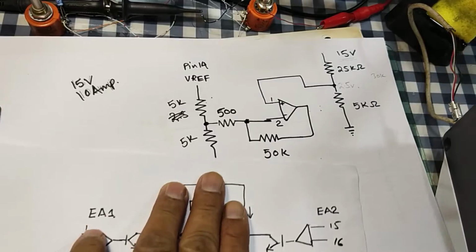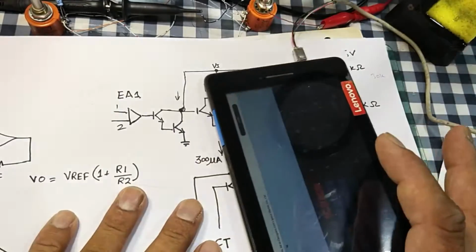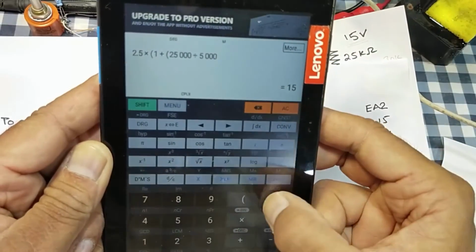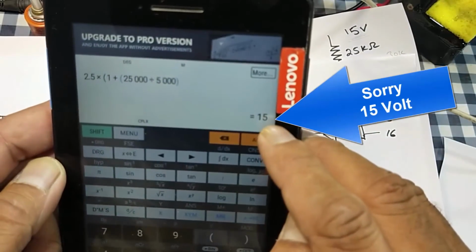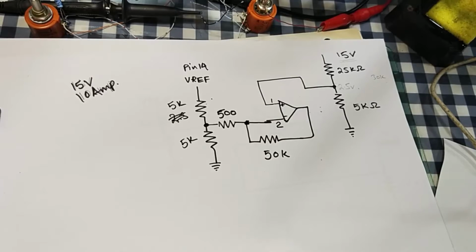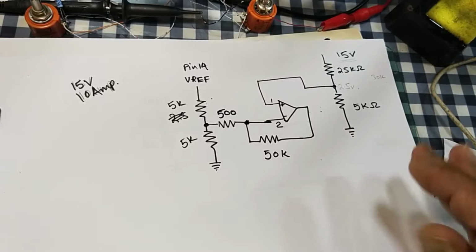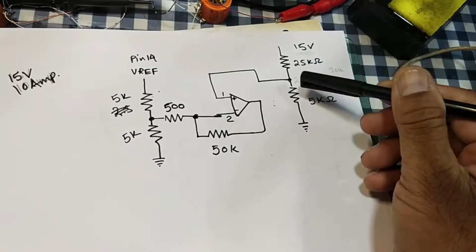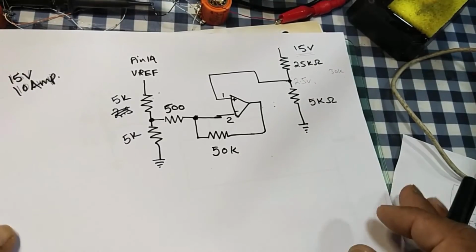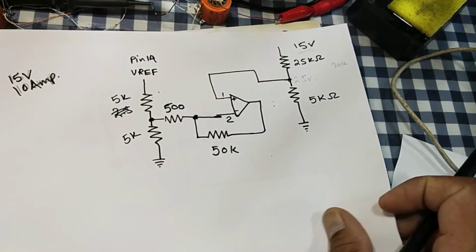R1 is 25 kilo ohm and 5 kilo ohm, 25k divided by 5k. So the output voltage will be 25 volt, because we connected the feedback at the non-inverting input. If there is an offset issue, to minimize the offset, we can use a potentiometer here to adjust the output voltage. So that is for voltage mode error amplifier number 1.